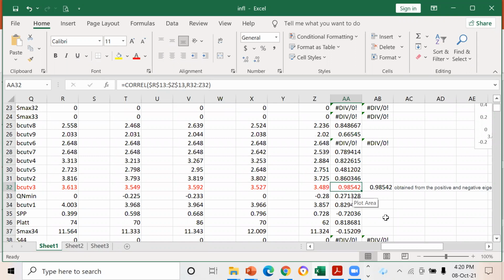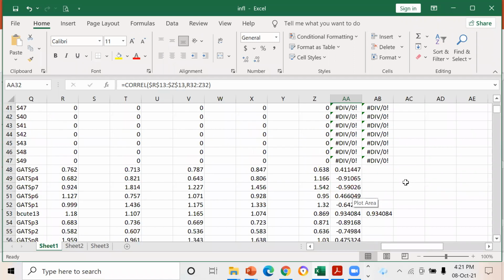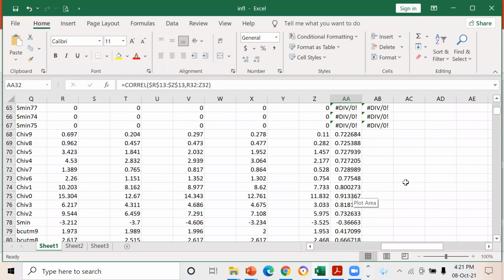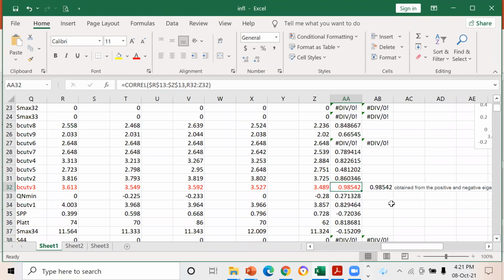So this could be a descriptor for my model. So y equal to mx plus c, the x could be this BCUT3 descriptor. Okay, so again, I keep going down. I get a lot of 0.72, 0.8, 0.91, but so far this is the best, 0.985.